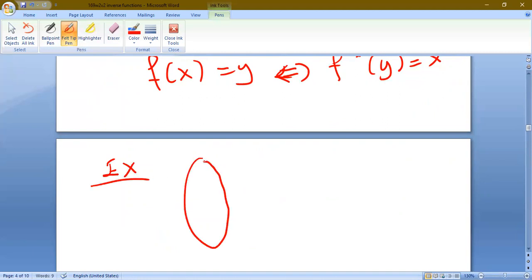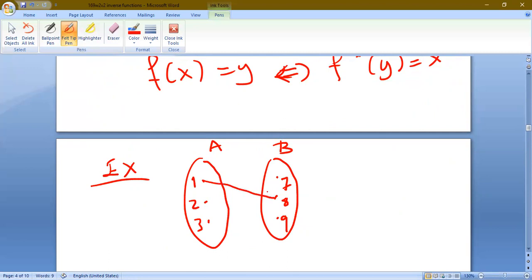Let's say we have a, b. Let's say this is 1, 2, 3, and this is 7, 8, 9. Let's say this is f. Then what's happening here? f is taking 1 to 8, 2 to 9, and 3 to 7.